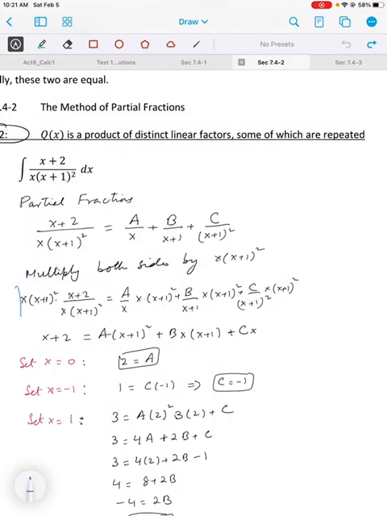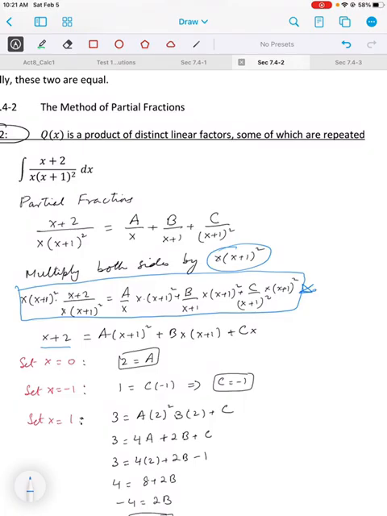Now this step you may skip because you should be able to see it directly. If you multiply the left hand side by this factor, you only end up getting x plus 2.